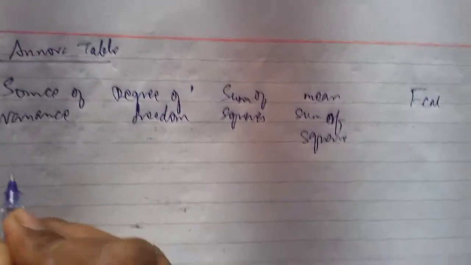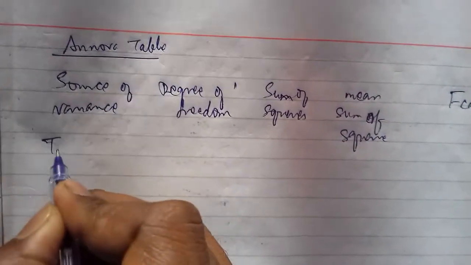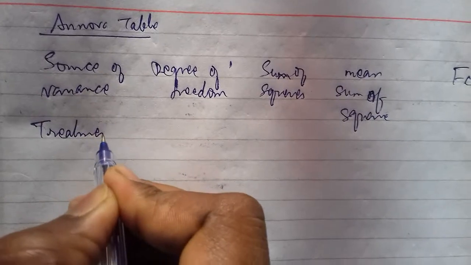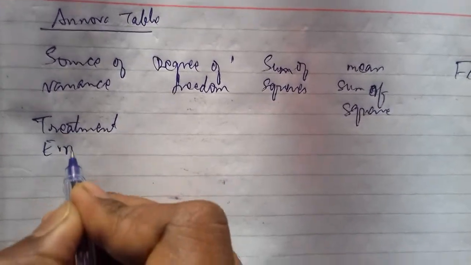And in these rows we have treatment and error.